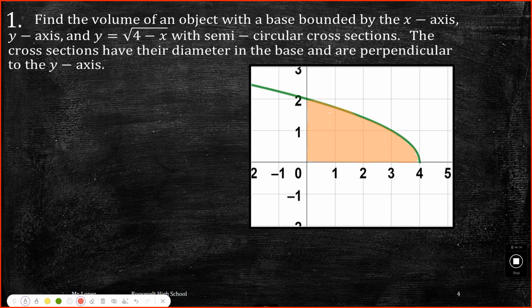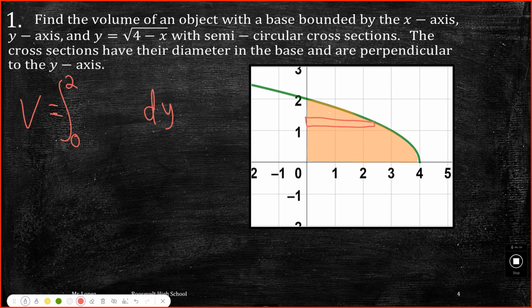So perpendicular to the y-axis, something like that, perpendicular to that. So it's going to be dy. Volume, and it's going to go from what to what? 0 to 2.